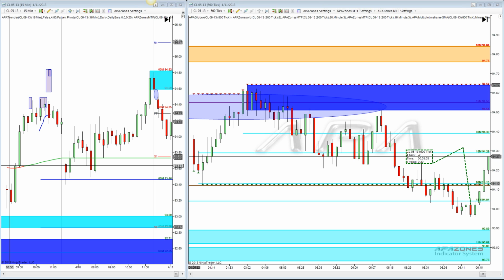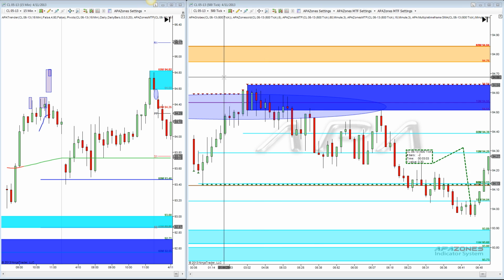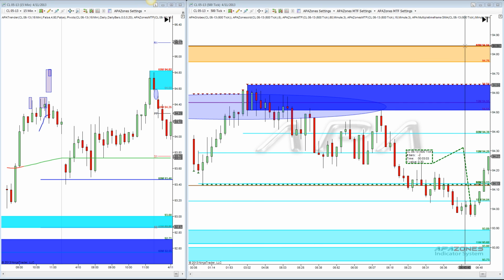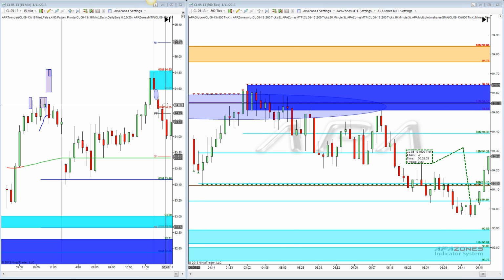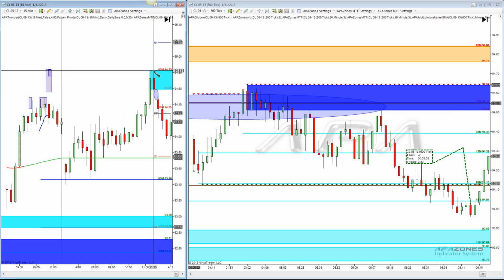Okay, so how would you approach the 60-minute supply zone at 94 down to 94.35? Okay, so how would I approach that 60-minute level, considering that, of course, this is the chart you're actually referring to.